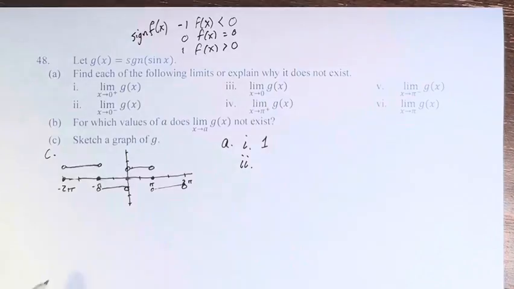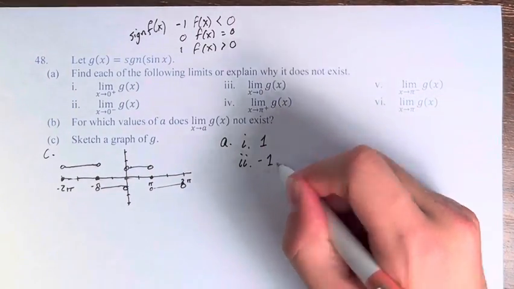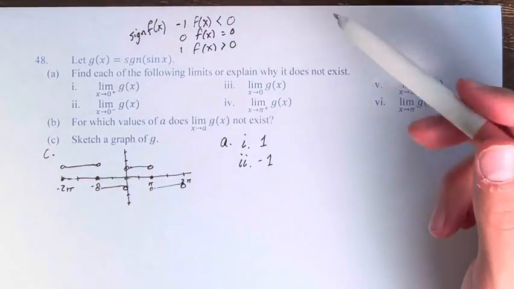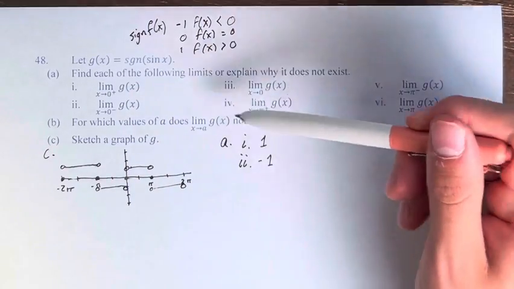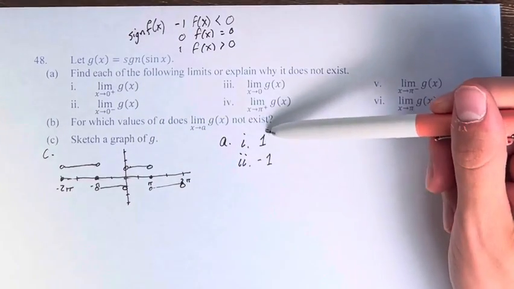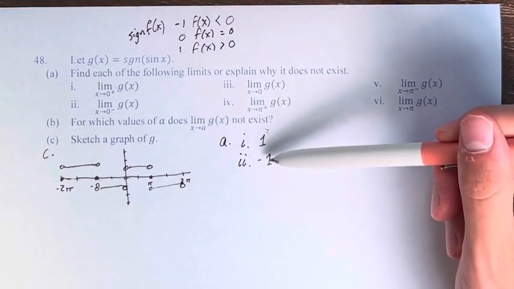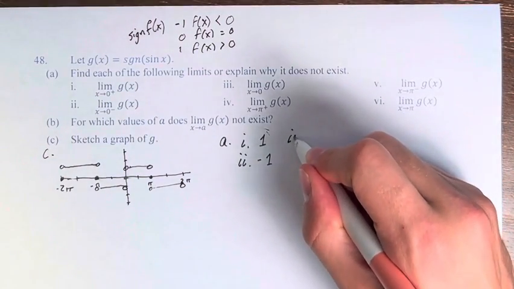For 2, approaching from the left is down here, therefore it's approaching from a value of -1. And remember, this represents that when we're approaching 0 from the right, the sign of this function is positive, versus if you're coming from the left, the function has negative values, right? Just to remember what that means.